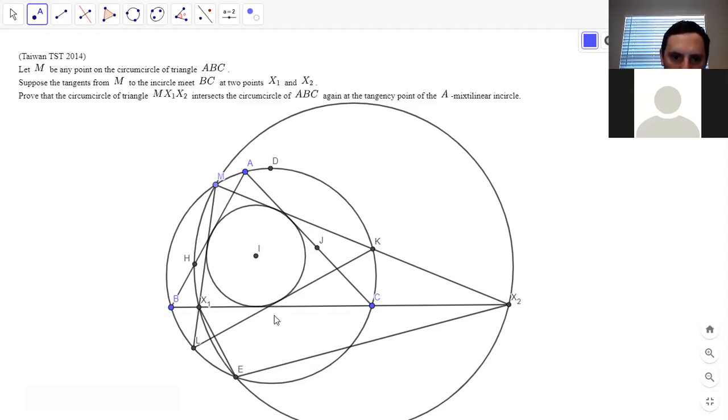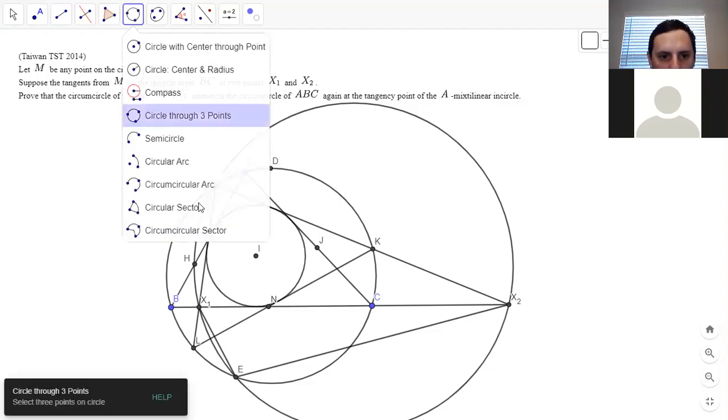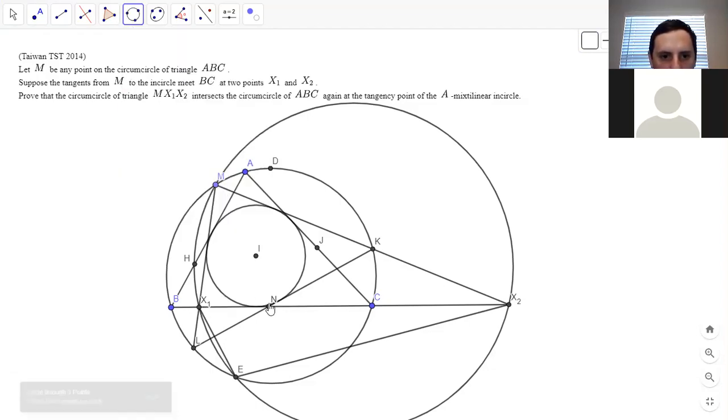So let me draw it. There we go. It lies on the circumcircle of X1 LE. So X1 N LE would be cyclic by Michel's theorem.